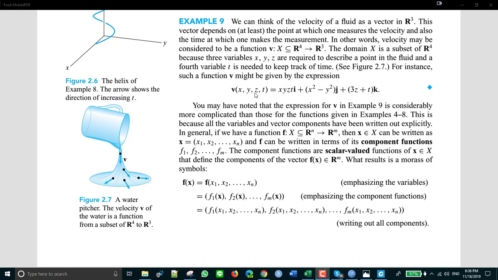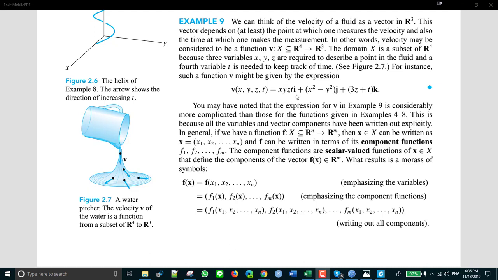Well, x, y, and z are the position. So like right here, if it was just without the last component, without that t, it would tell us what? Once we put in the position, then we would be getting out a vector. Let's ignore that we had a t here.